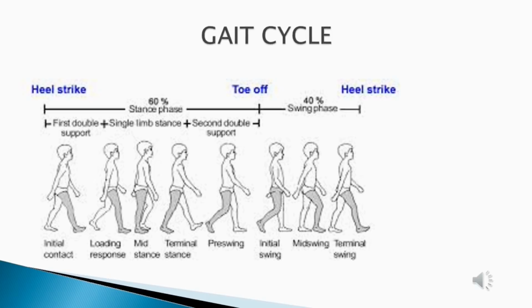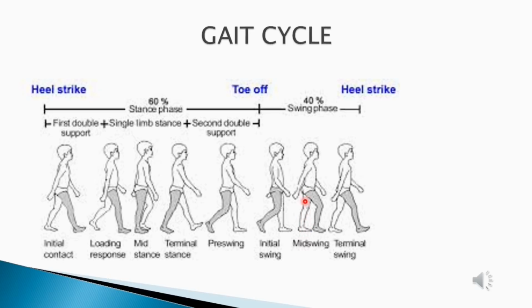So the swing phase begins with the initial swing. With the initial swing, we start to see the acceleration of the right lower extremity starting to accelerate forward to approach the next gait cycle, where the right lower extremity would contact the ground at heel strike again. So it begins by an acceleration of the right lower extremity at initial swing.